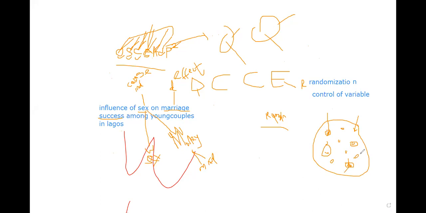Does somebody get what I just did? So this is the original sample, the population. So if you put here your treatment population, right? Treatment population. Okay.